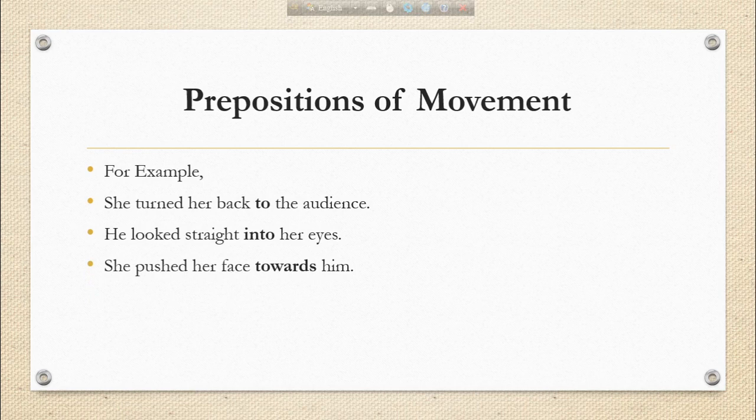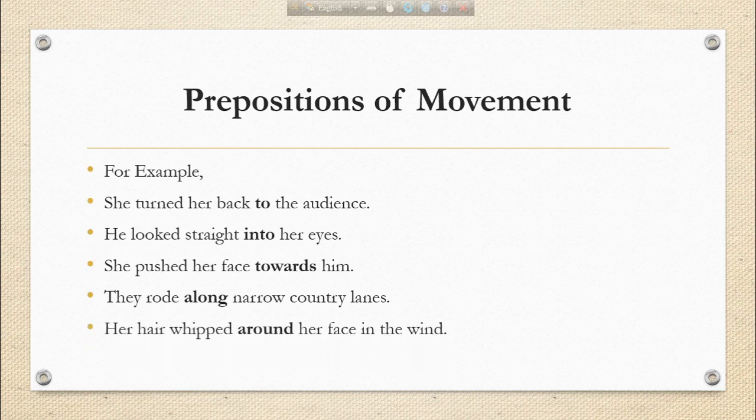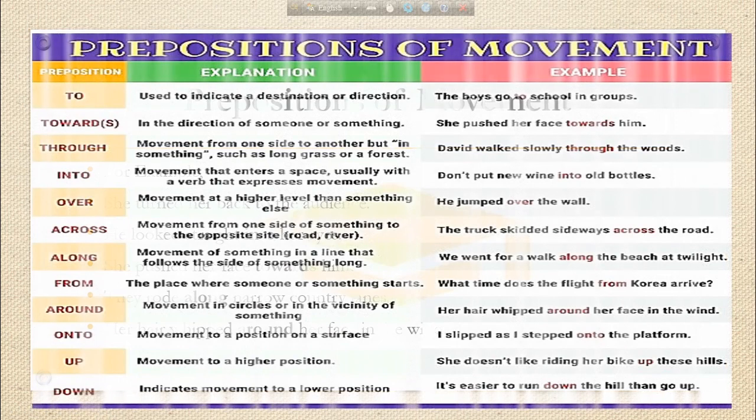She pushed her face towards him. They rode along narrow country lanes. Her hair whipped around her face in the wind. So here, to, into, towards, along, around, all of these words are prepositions of movement.